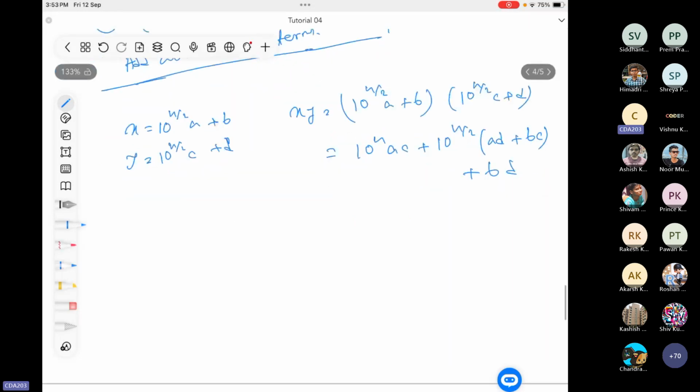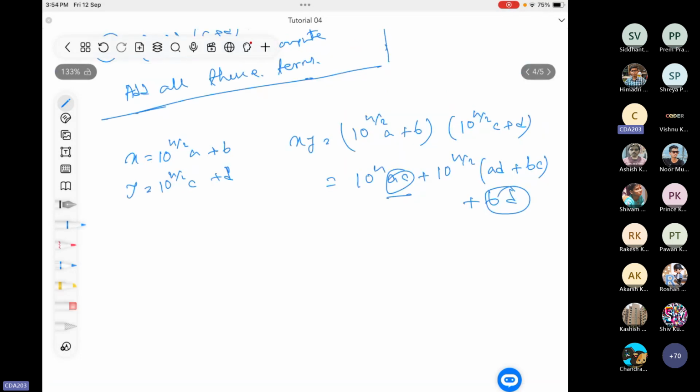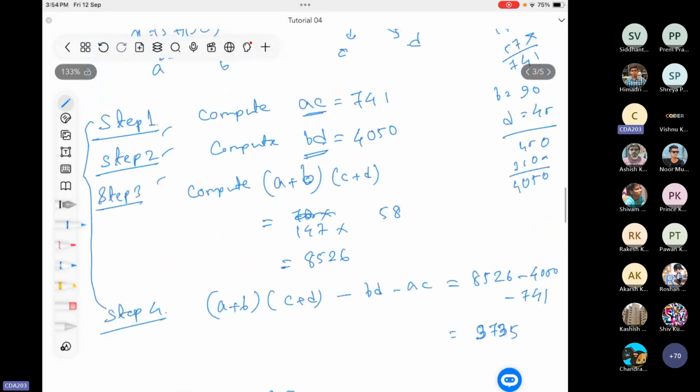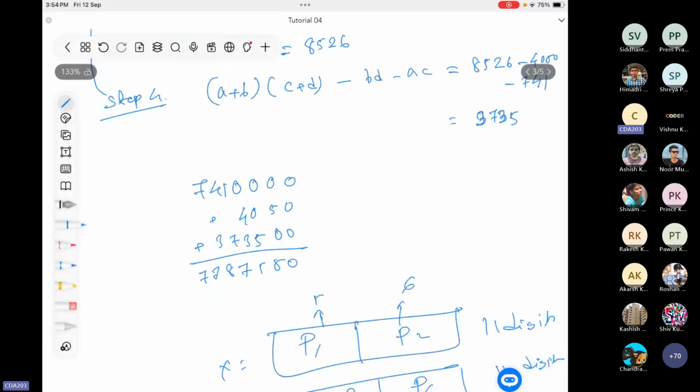That is why you now understand why we are focusing on computing AC and BD. If I know AC, that explains why I put 4 zeros: it's a 4-digit number, so 10 to the power 4 is there. AC is this value, 741. That's why I put 4 zeros behind it. So it's basically nothing but 741 into 10 to the power 4.